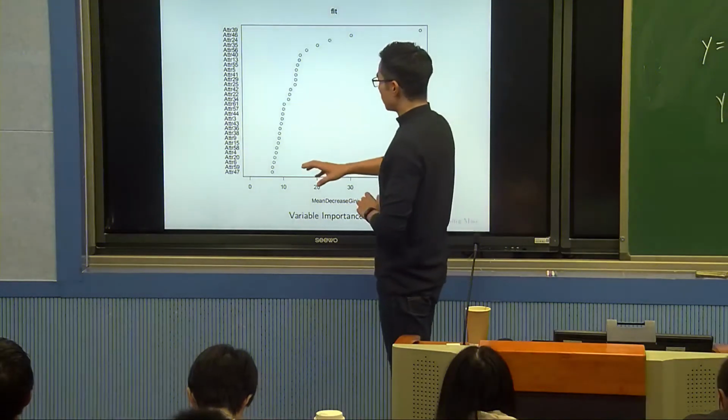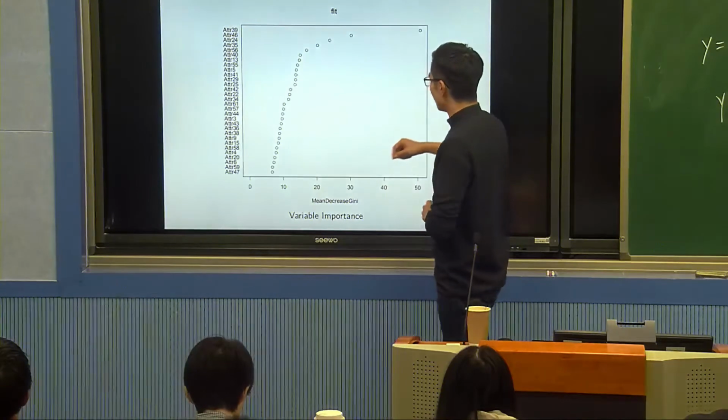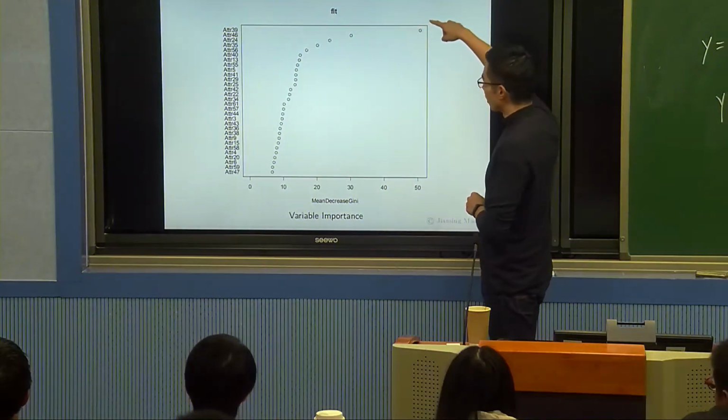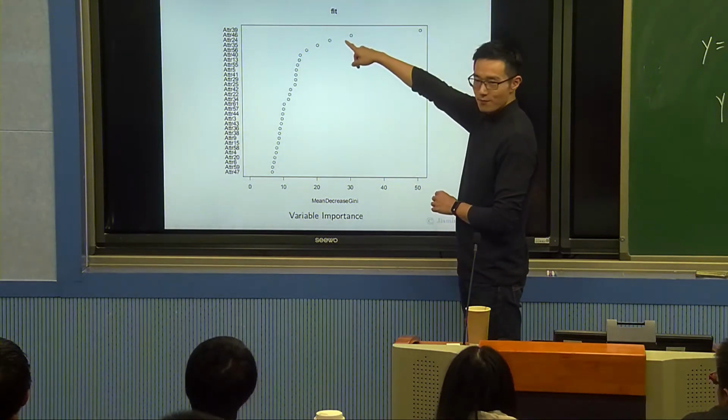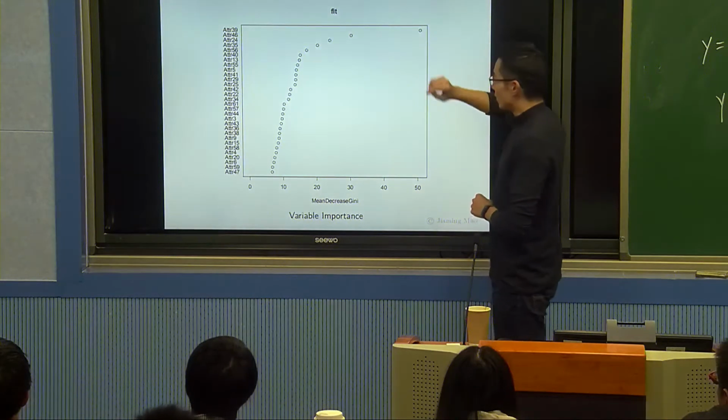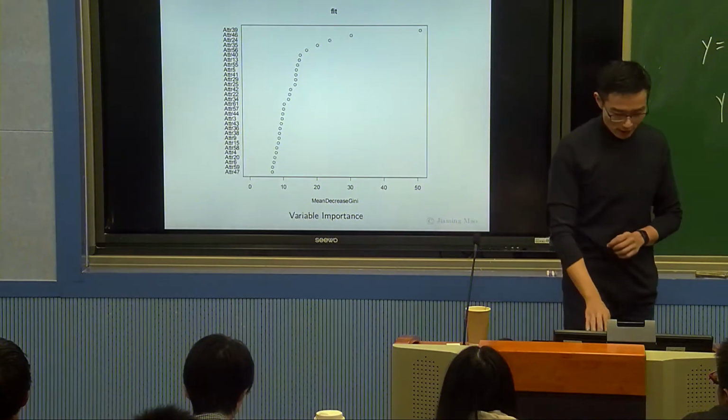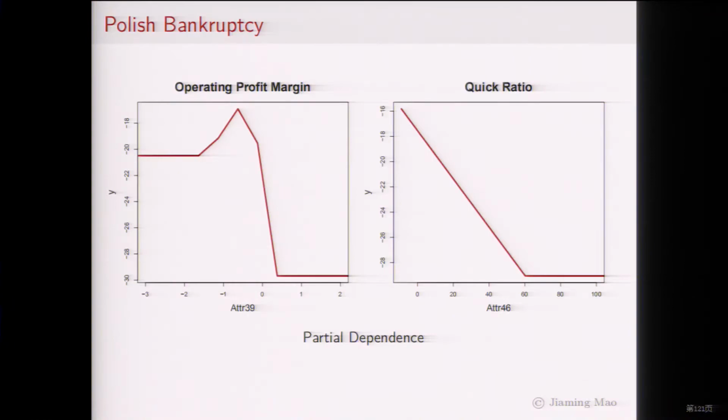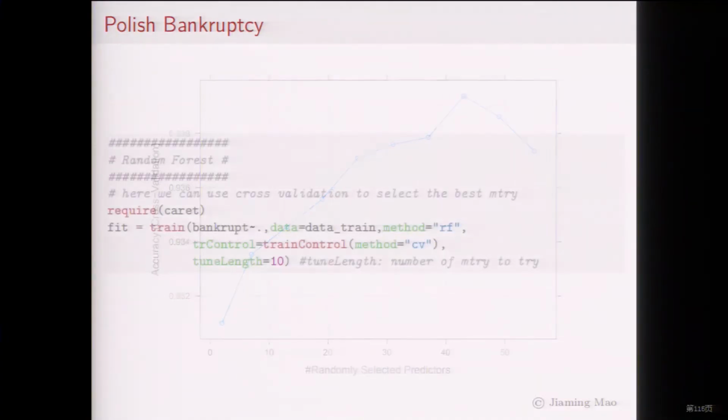In our model, we again have 55 different variables, but the most important variables are variable 39 and 46. But what are they? Let's take a look.